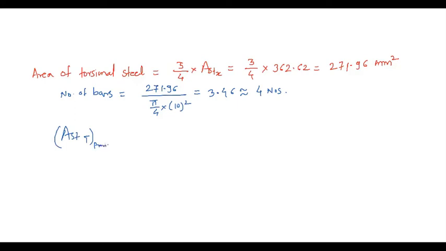Then now Ast for torsion provided. What we are going to provide? We will provide 4 bars, each of bar diameter 10. So now calculate that value.